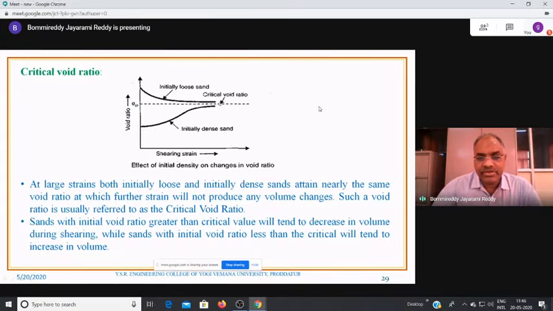Any amount of shear strain beyond the critical void ratio causes no change in the void ratio. So by the application of shearing strain onto the sand, whether the sand is in a loose state or in a dense state, it ultimately reaches a constant void ratio, which is called the critical void ratio.